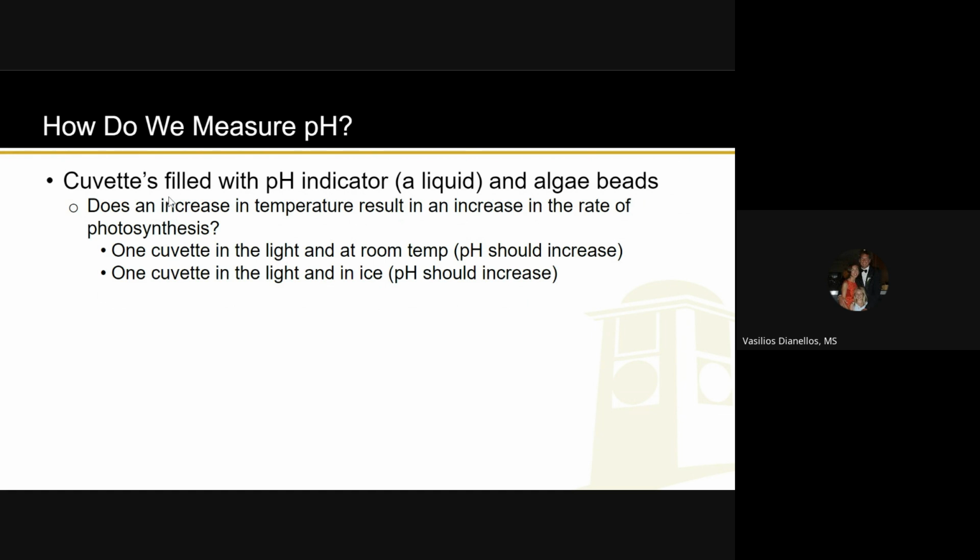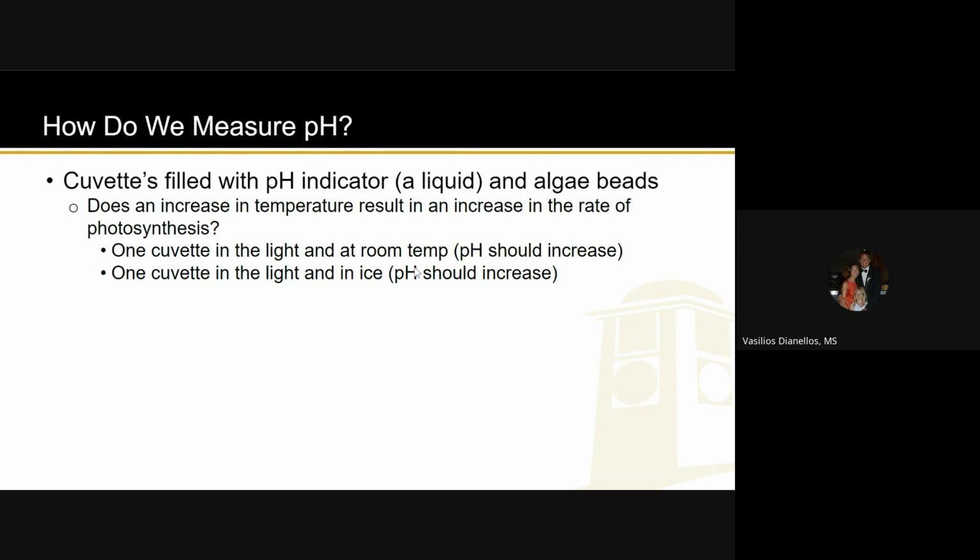We're going to have two cuvettes, both of which are going to be in the light, because again, this is a photosynthesis experiment. One is going to be at room temperature, and one is going to be on ice. And we're going to measure the pH every 5 minutes. For both of them, we expect them to increase, and maybe one will increase more than the other, in which case we'll know if temperature has an effect on the rate of photosynthesis.